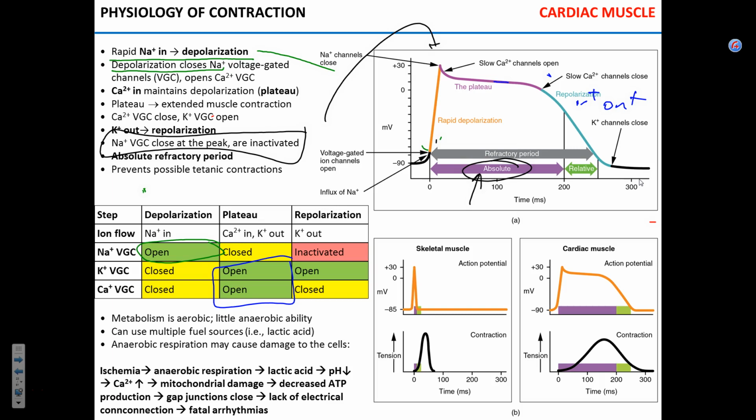Why is it so important? Well, why absolute refractory? What was the role of absolute refractory period in the skeletal muscle contraction, and why is this role extremely important in the cardiac muscle contraction? Let me explain how you tackle this kind of question.